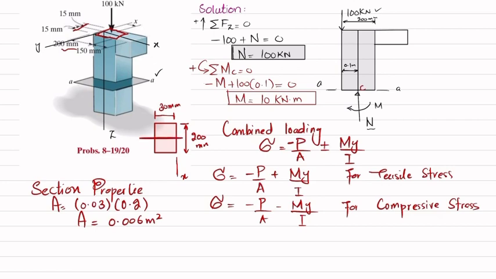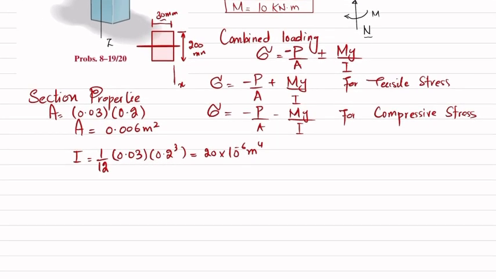So I for the rectangular cross section will be equal to 1 over 12 b h cubed. b is 30 millimeter, which is 0.03, and height is 0.2, whole cubed. When you calculate this, you will get I equal to 20 into 10 raised to power minus 6 meter to the power 4. Now you have I and A, so we will get sigma.